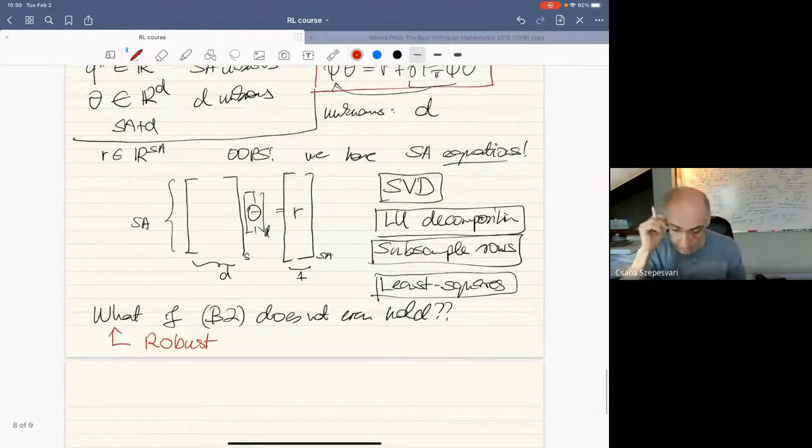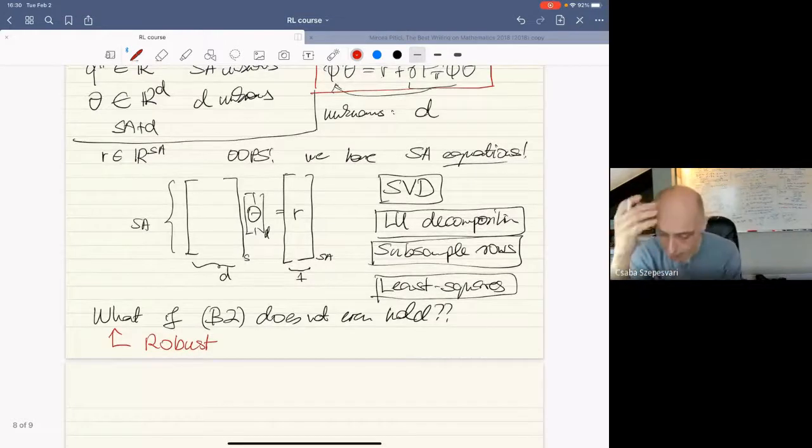But okay, so we have lots of ideas here: SVD, LU decomposition, subsample the rows, least squares. Do we know of any of these whether they will be computationally efficient?